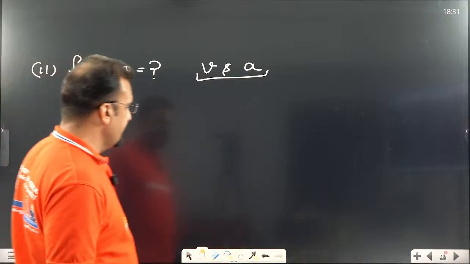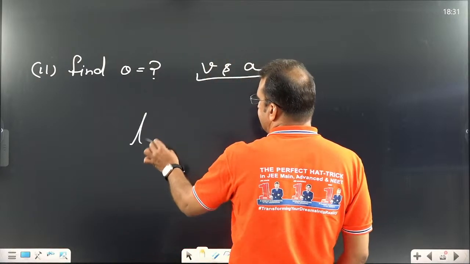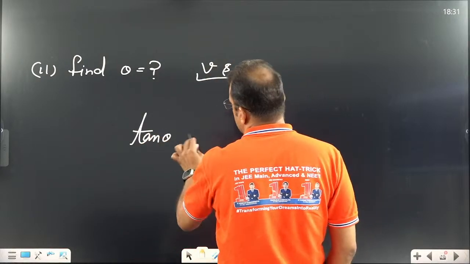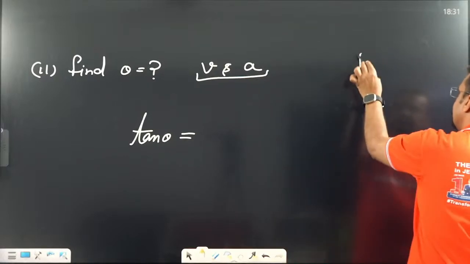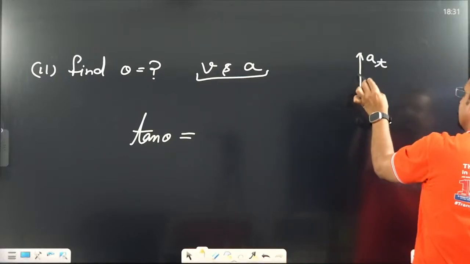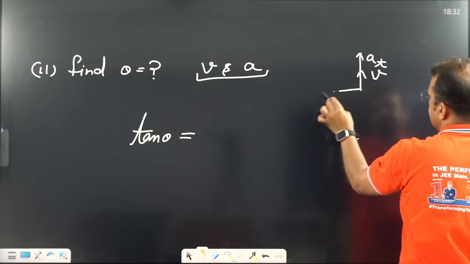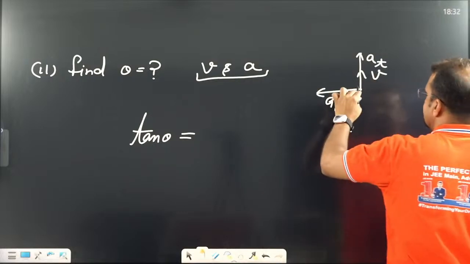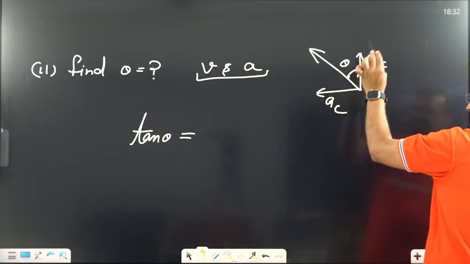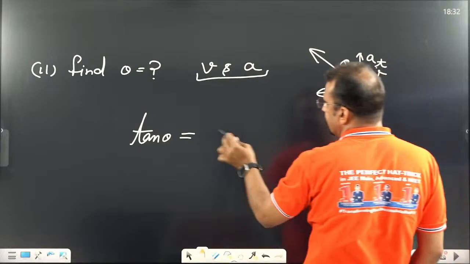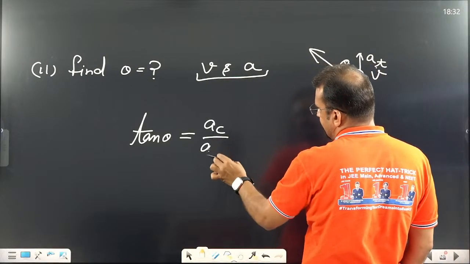So that angle was tan theta equal to, what was that formula? Always remember this case: this is AT, this is velocity, this is AC, this is net acceleration. He is asking this angle. Whenever this angle is asked, it is AC divided by AT.